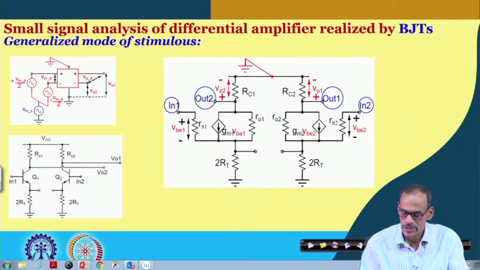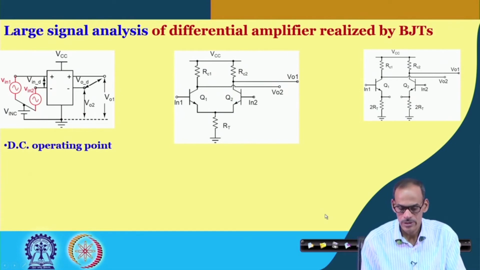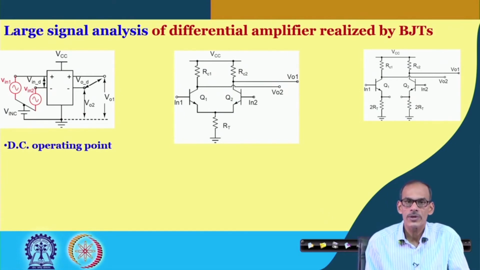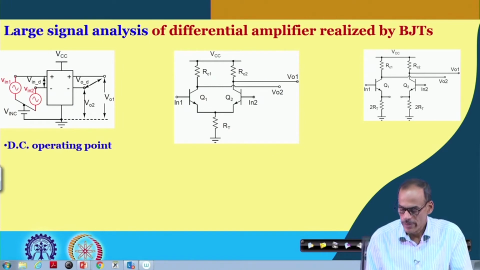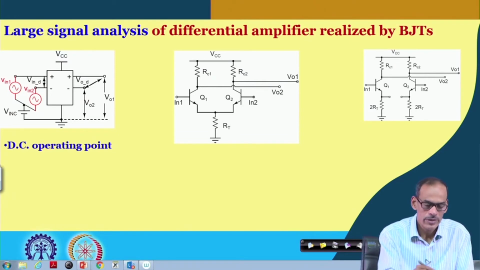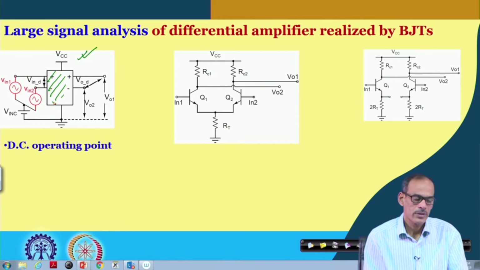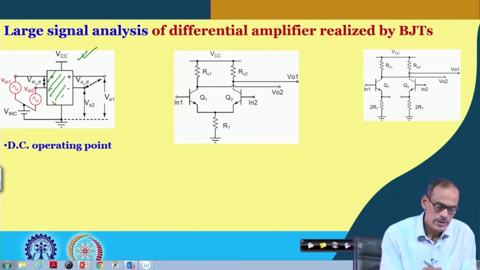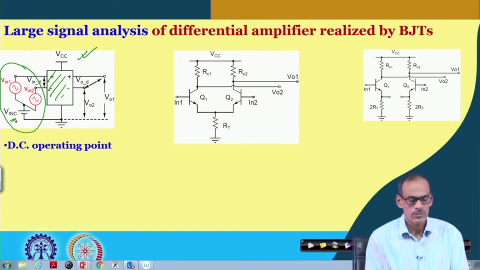And now we are in a position to go for the large signal analysis. So, in the next slide, we are going to talk about large signal analysis, and we would like to see the DC operating point of the amplifier. Going back to the circuit here, the basic model, we have the differential amplifier, which is stimulated by a pair of signals accompanying the same amount of DC voltage.